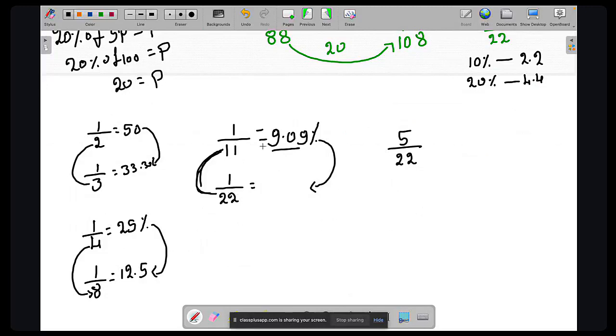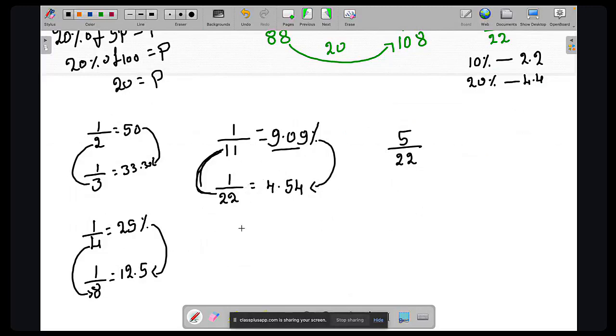So 1 by 11 is 9.09 percentage, and 1 by 22 is half of this number, approximately 4.54 percentage. I hope it is clear. Yes, sir. 1 by 22 is approximately 4.54.